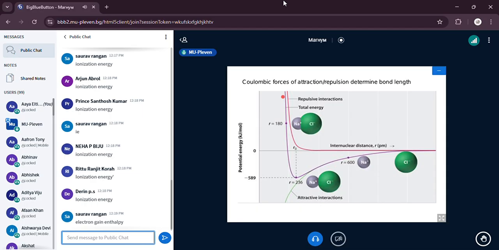Well, the reason is repulsion between identically charged nuclei and electrons. So we can say the bond length of this ionic bond between sodium and chloride ions is 236 picometers.